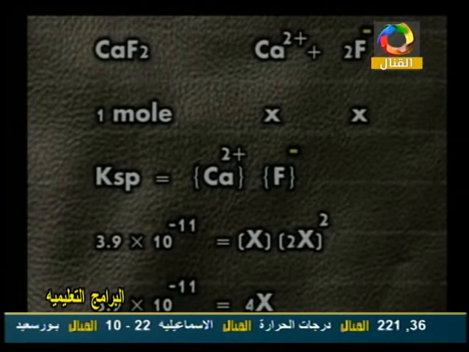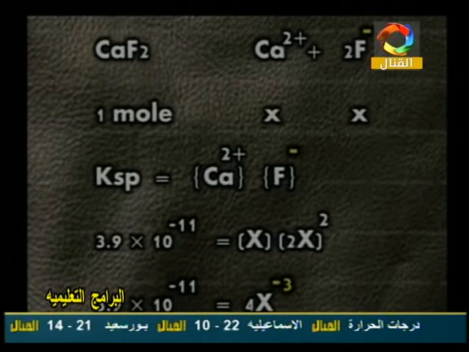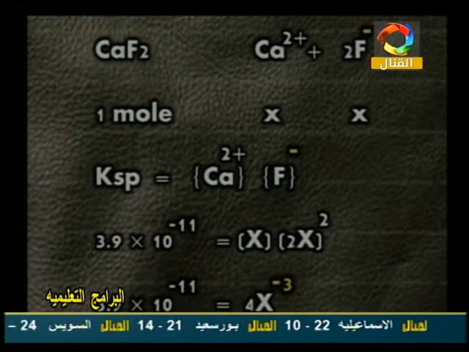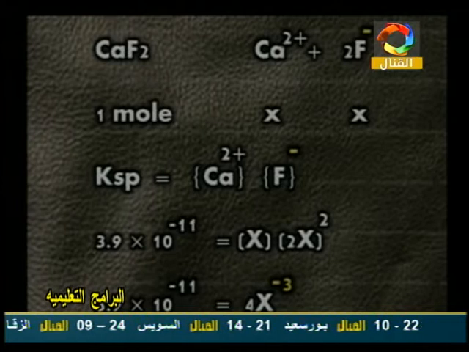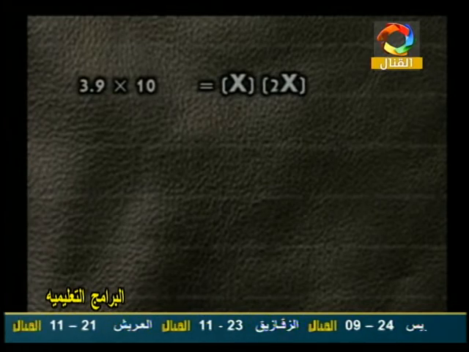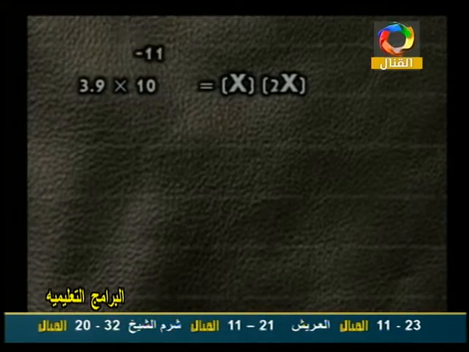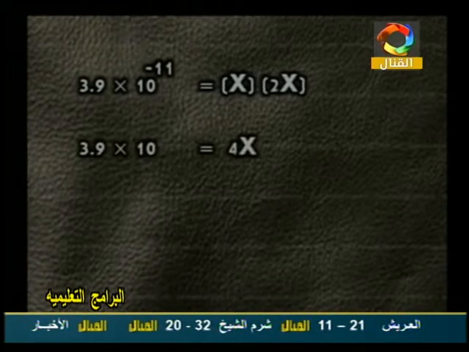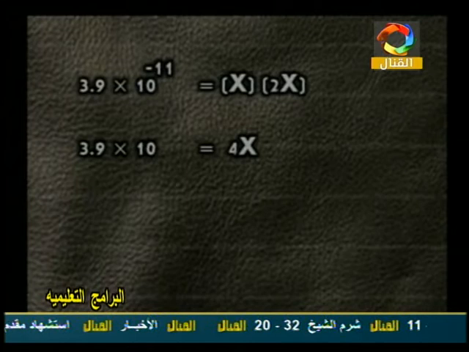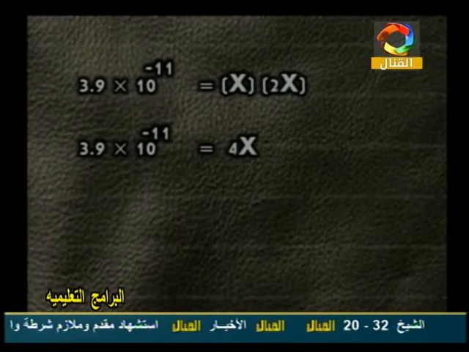What about this important question? Cubed, because we have 2. It's easy. Now, X by 2X squared equals 3.9 by 10 power negative 11. Don't forget 3.9 by 10 power negative 11 equals 4X cubed.